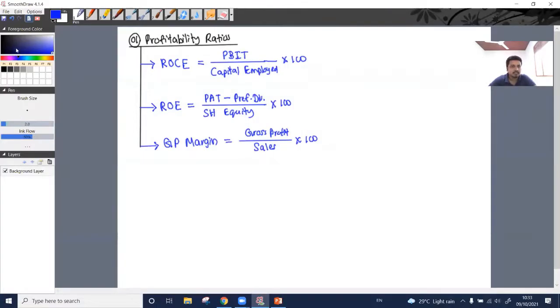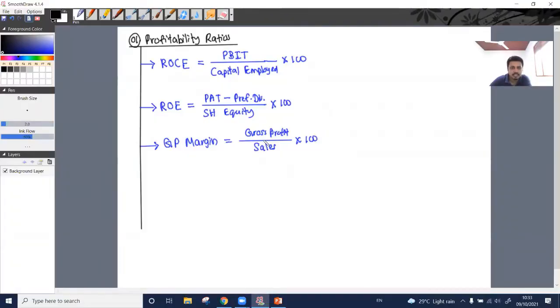What is the idea of this GP margin? Gross profit, GP margin of 30%, GP margin of 40%, GP margin of 20%. What is the idea behind that?